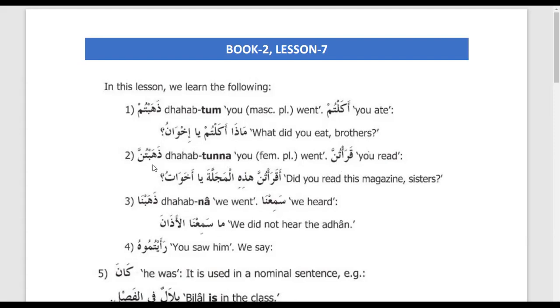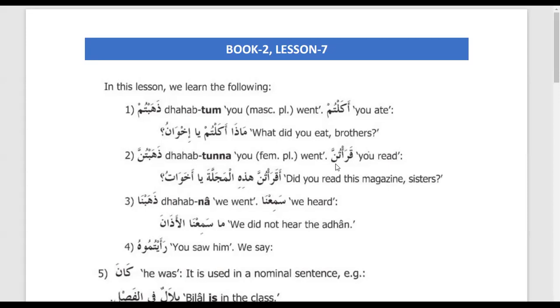For example, we say dhahabtunna. If I want to say "you all ladies ate," how will we say it? Akaltunna, right? Excellent. And similarly, "you read" to the ladies, we will say qara'tunna.